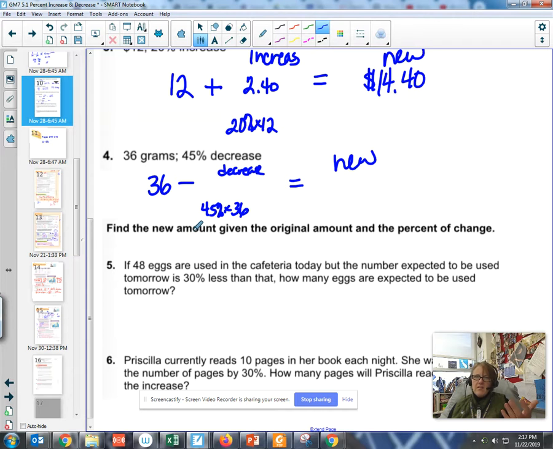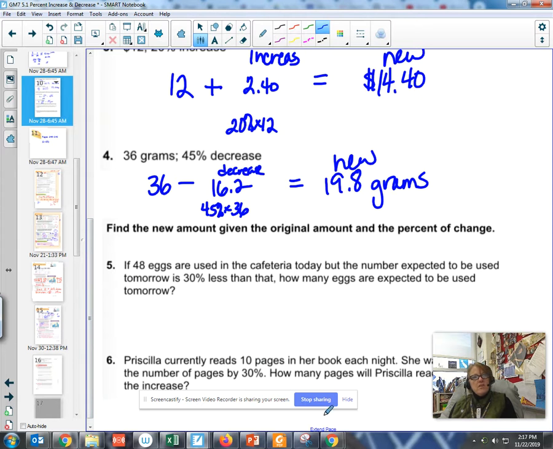That's almost half. So in my head, before I even grabbed the calculator, half would be exactly 18. So this can be a little less than 18, and it is, it's 16.2. Subtract, and you get 19.8 grams. There you go.